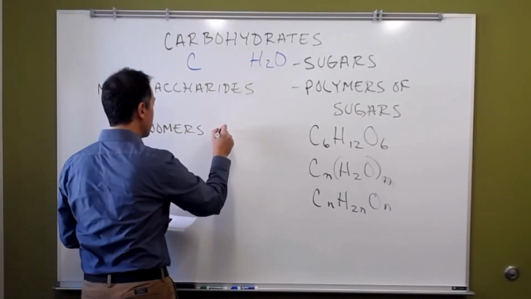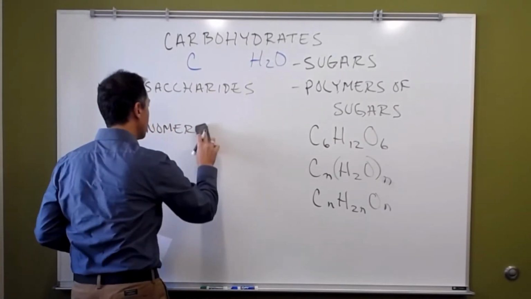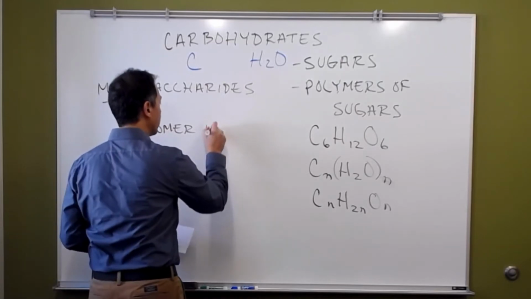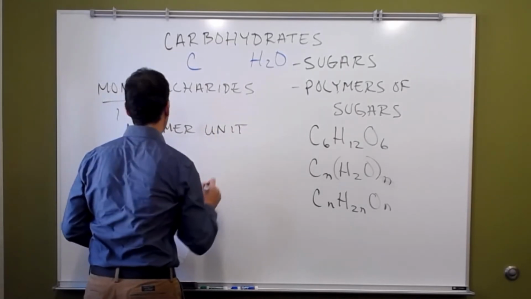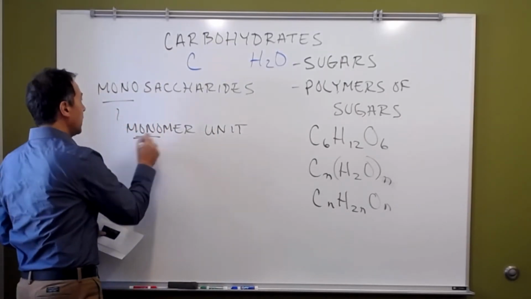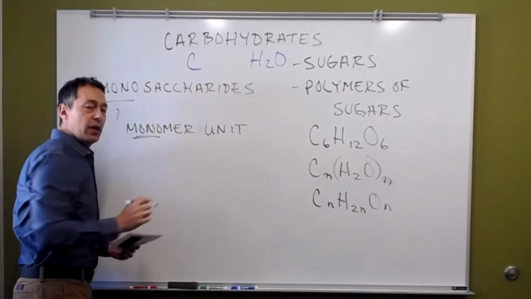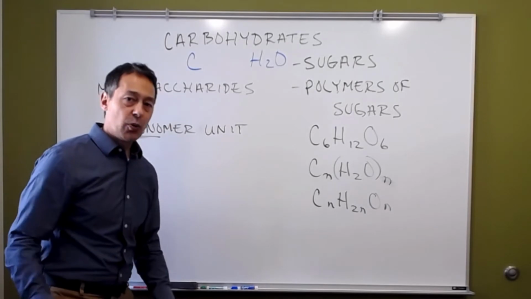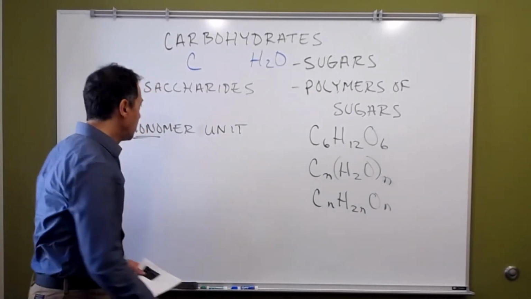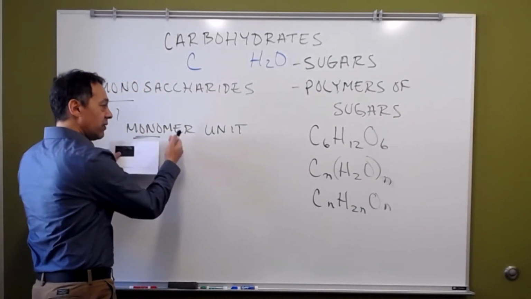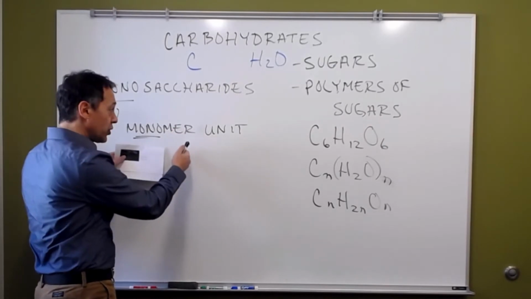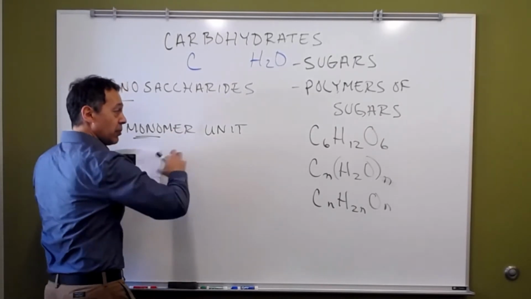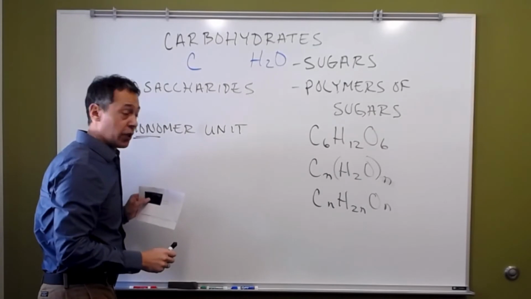Monomer unit. Mono again means one, and monomer is just one piece of a larger thing. And what we're going to find out is oftentimes we take single individual carbohydrates or sugars, and then we connect them together to make long chains of sugars.